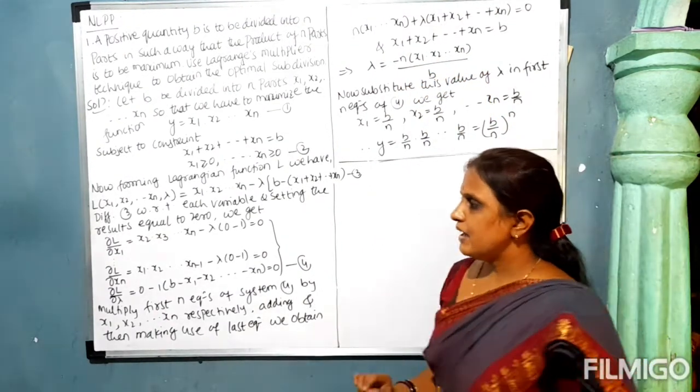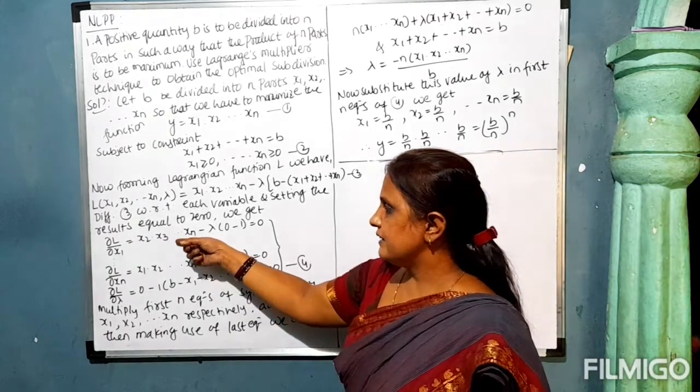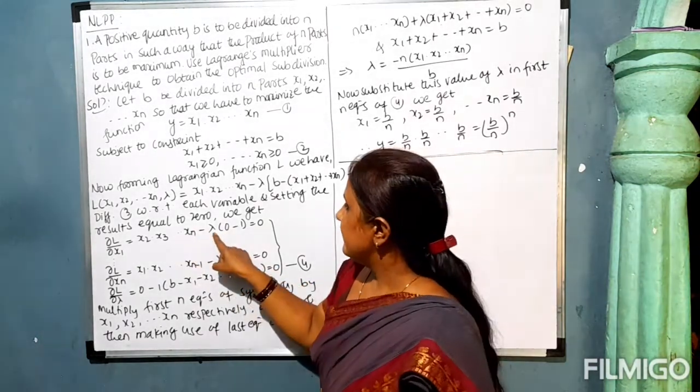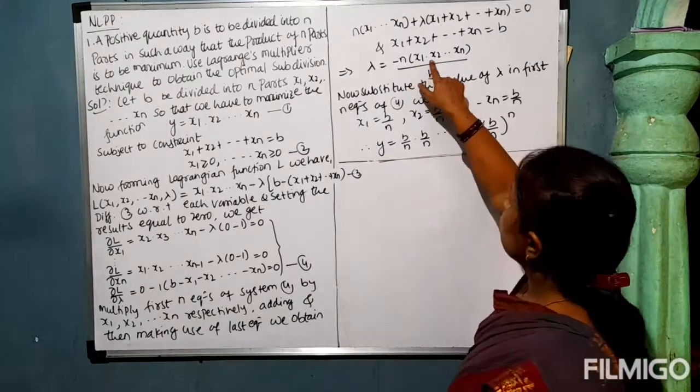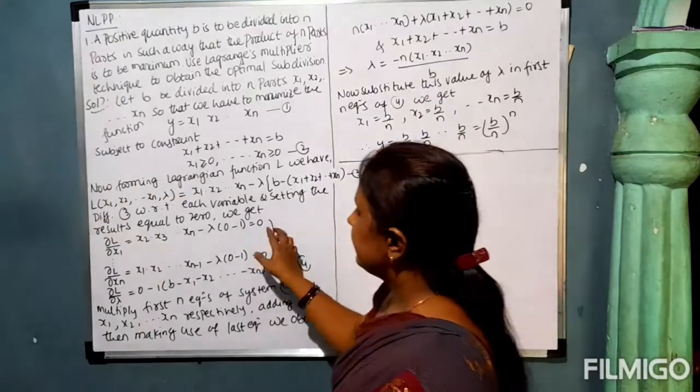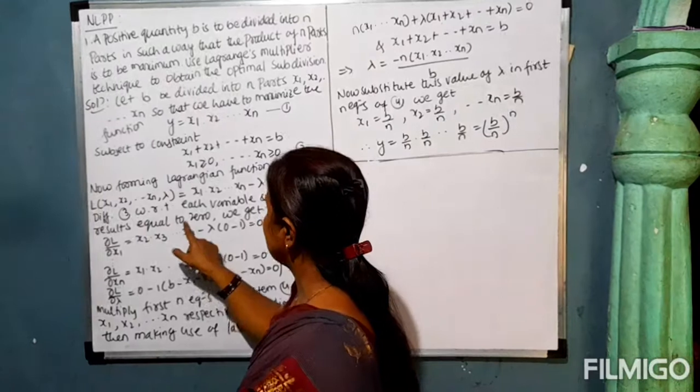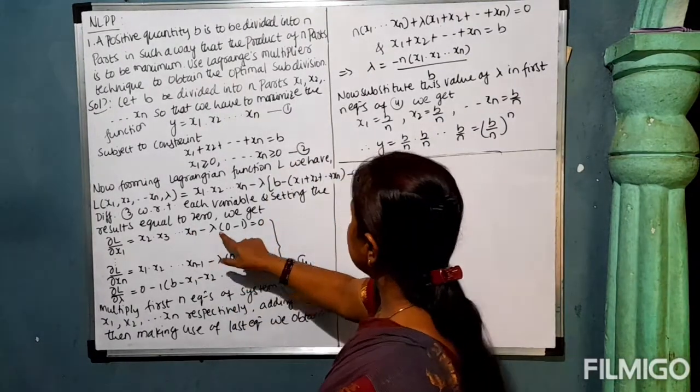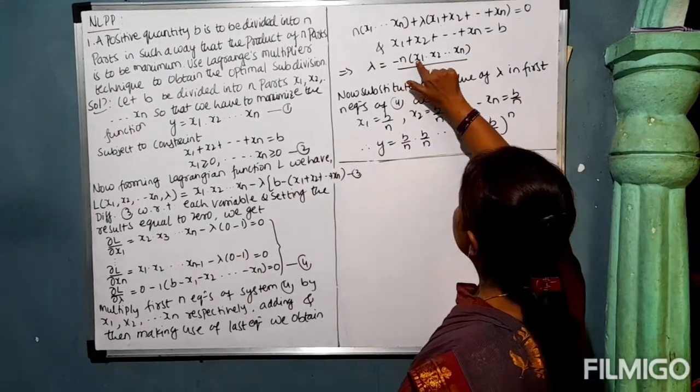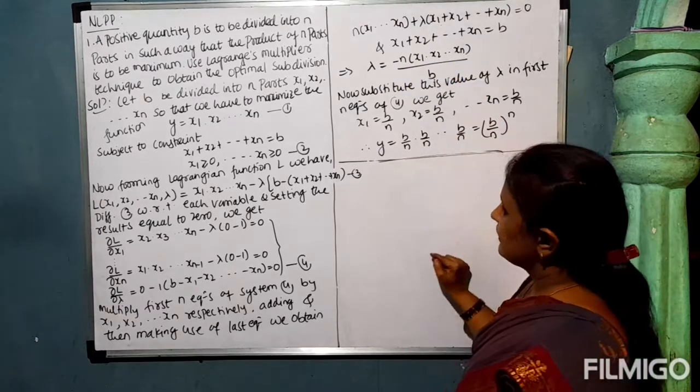Now substitute the value of lambda in the first equation. Here the lambda value is n into x1, x2, and so on, xn by b. Take x2, x3, and so on, xn common, we get 1 minus n x1 by b equal to 0.